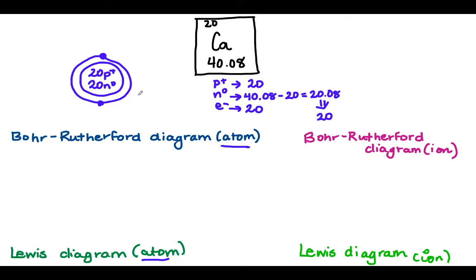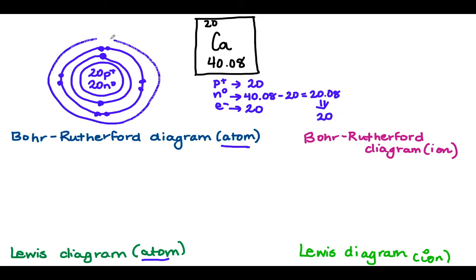Okay, so I want to draw all 20 of these electrons onto this diagram. I've drawn 2 already. In my second shell, I can fit 8, and I'm going to draw all 8. The idea is that you try and get your circles as circular as possible. I'm trying. And you should too. So right now I've got 10. Remember, I have a total of 20. So I'm going to draw another shell to fit in another 8.